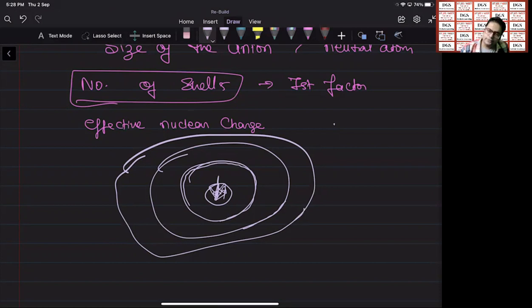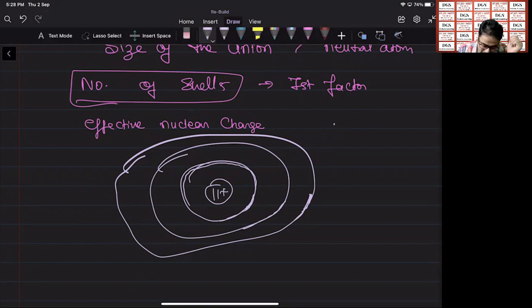In the same way, the positive charge, let's say we're talking about a nucleus of sodium. We have 11 positive, that means 11 protons inside the nucleus. The first shell will face somewhat this 11 positive. But will the last shell electron experience the full positive 11 of the charge?